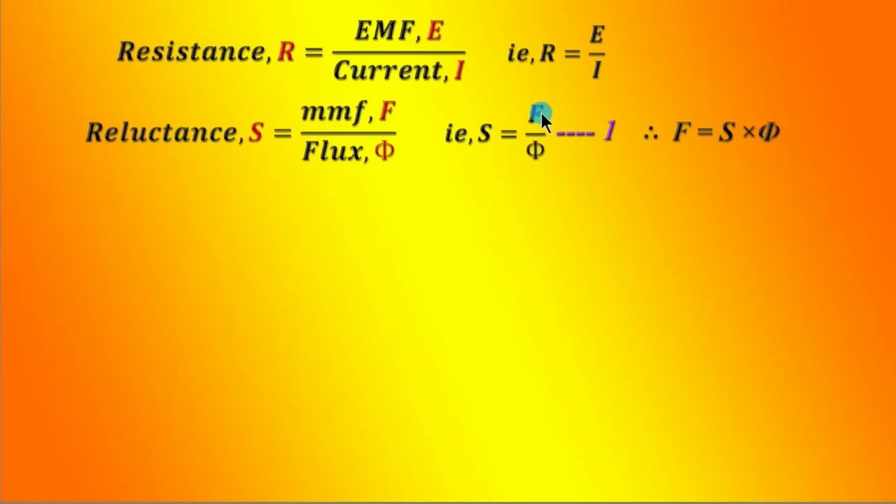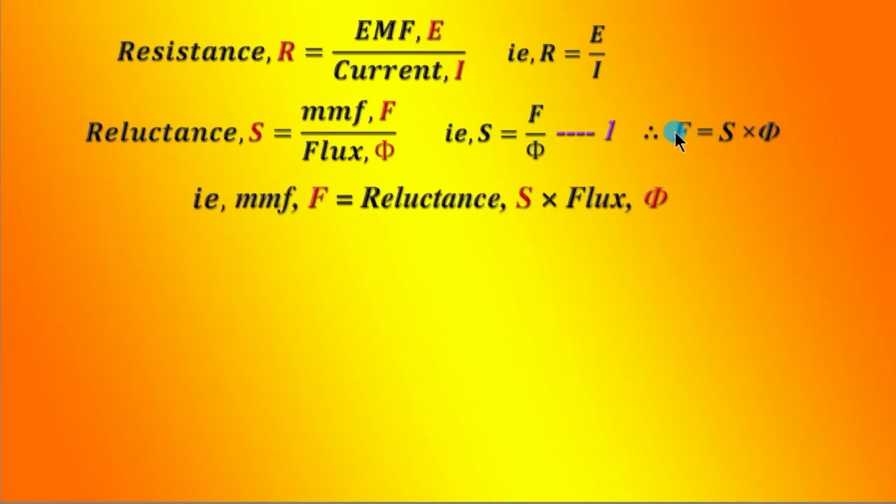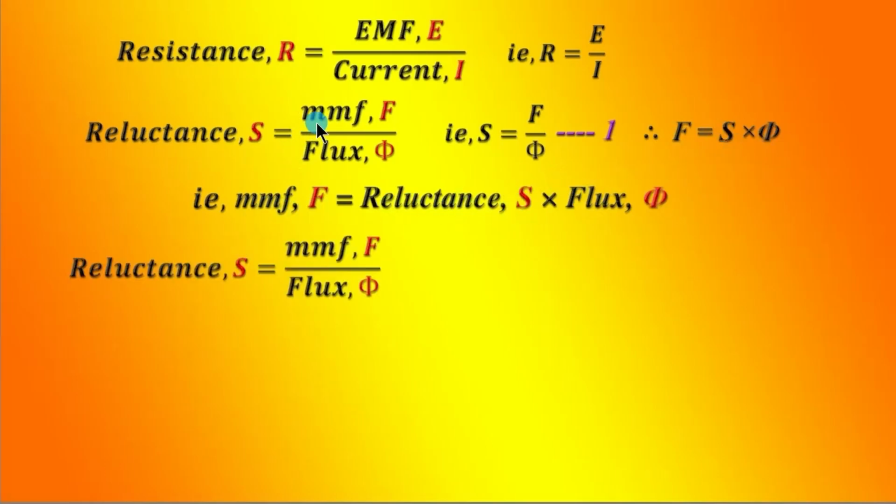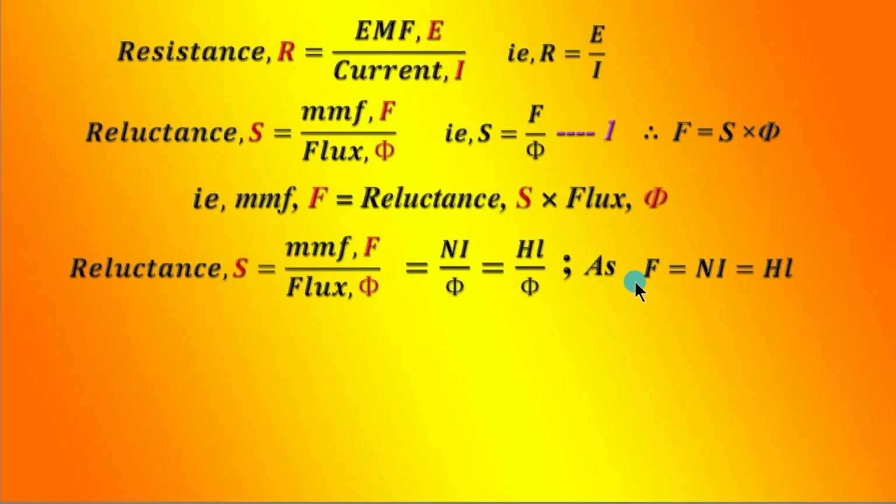Therefore, F is equal to S into phi, that is, magnetomotive force F is equal to reluctance S into flux phi. So, we have said earlier that reluctance S is equal to magnetomotive force F divided by phi, where F is equal to N into I. This is equal to H into L, as we have studied earlier that F is equal to N into I, that is equal to H into L.